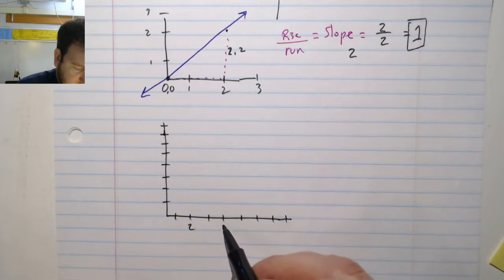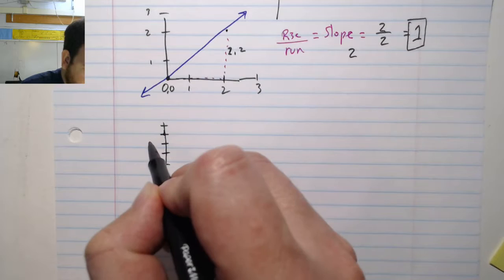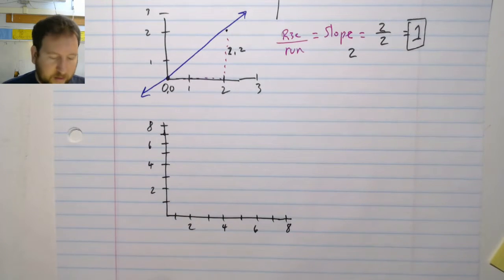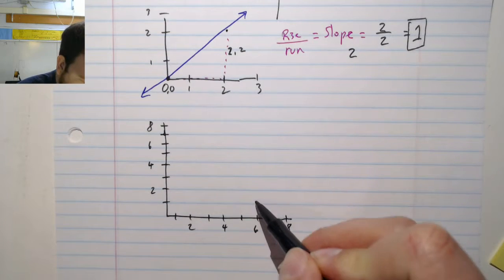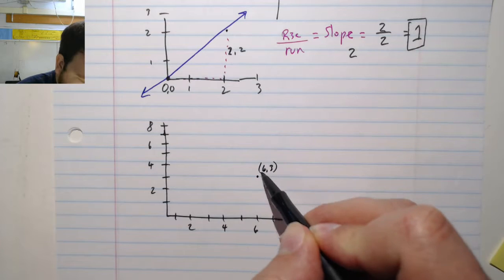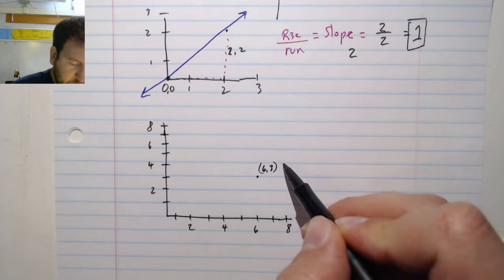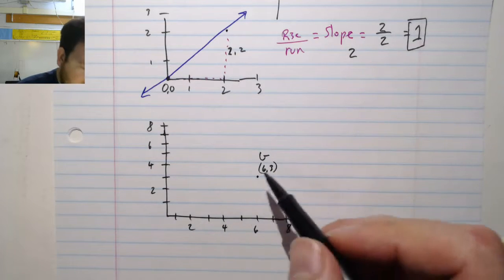And I'm just going to go 2, 4, 6, 8. And in this case, I'm going to have my line. I'm going to have a point G at 6, comma 3. And I'm going to have point F at 3, comma 7.